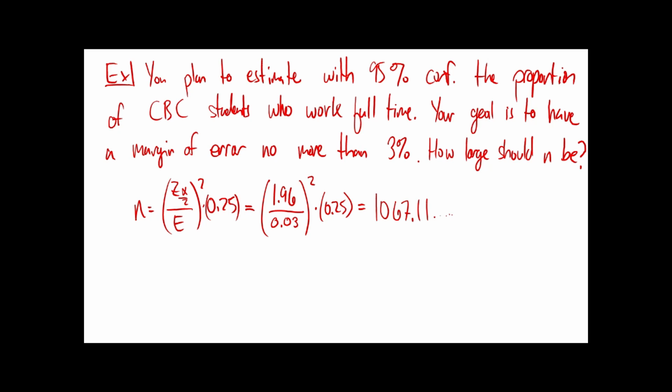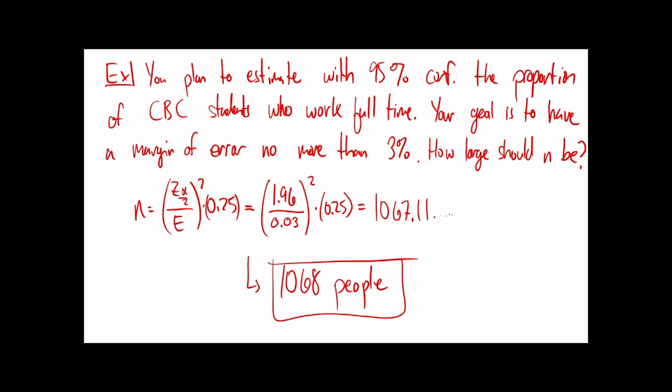Yeah, for sample size, regardless, we always round up because we want to be conservative. We want to make sure we definitely get enough people. So then you would probably say how many people? Yeah, it's a lot of people. But to get that 3% margin of error, that's a reasonable upper bound on where you need to be.